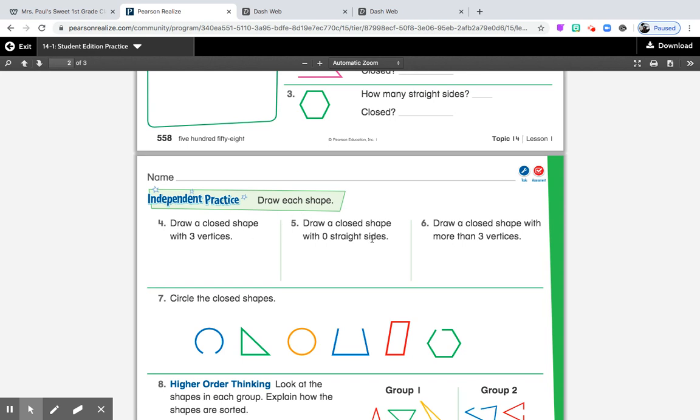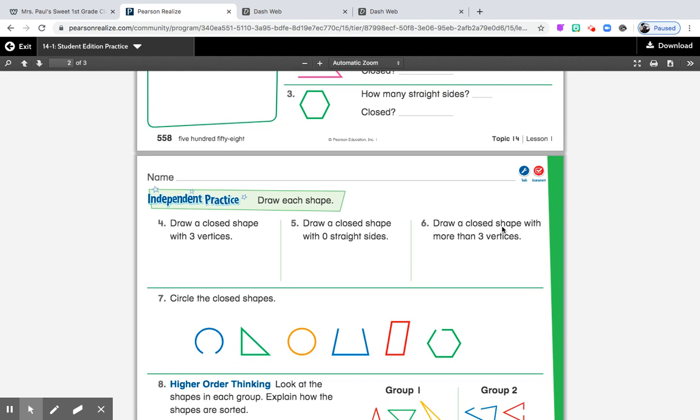Now it says draw a shape with 0 straight sides. What shape did you just learn about that has 0 straight sides? If you said a circle, good job. It has 0 straight sides, 0 vertices, but it is a closed figure. Look at number 6.